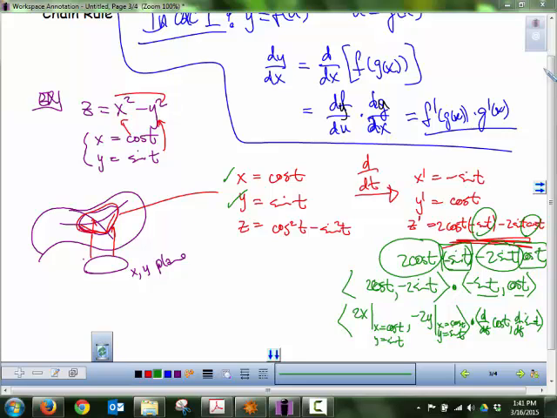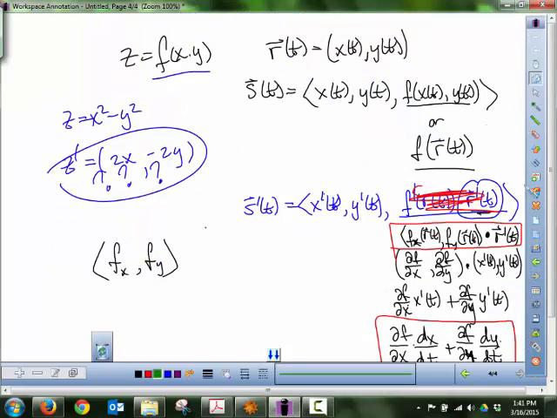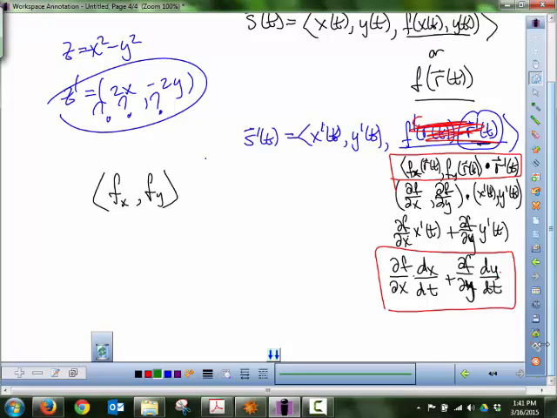All right, let's do another example. The thing is that it's probably just as easy to think about it the way we did it in an example versus thinking about it as a chain rule.